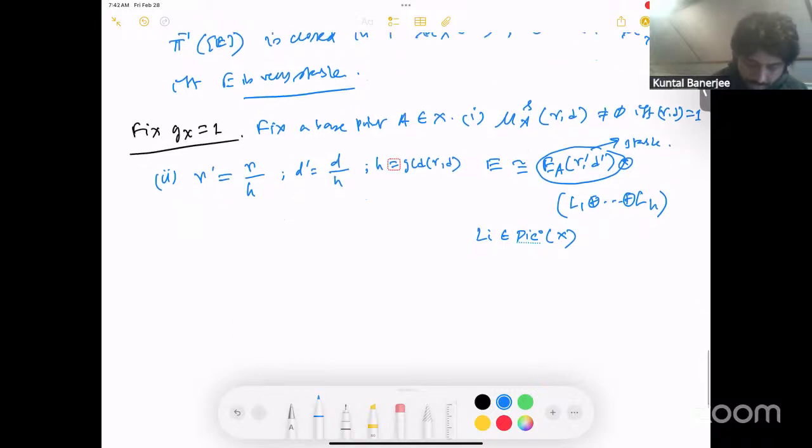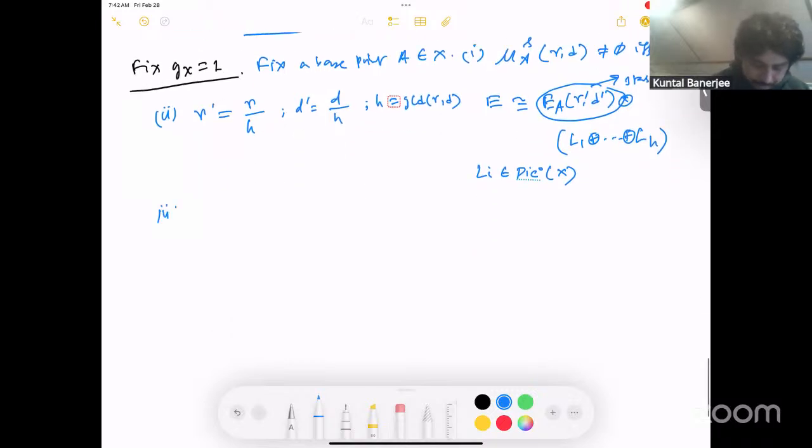Okay. And this understanding gives us a very nice commutative diagram, which says that the symmetric power of the elliptic curve parameterizes the isomorphism classes of polystable bundles.